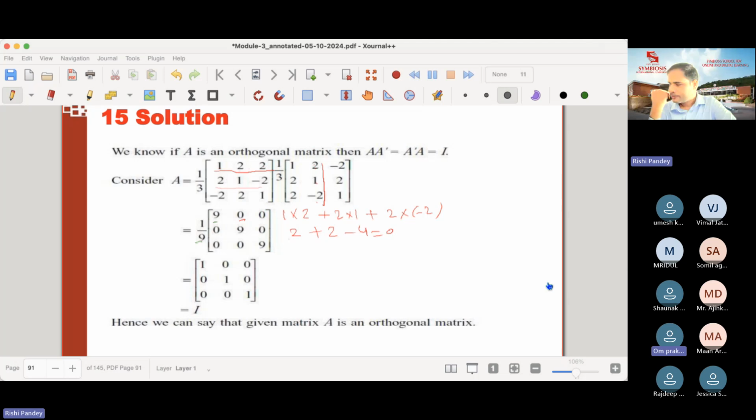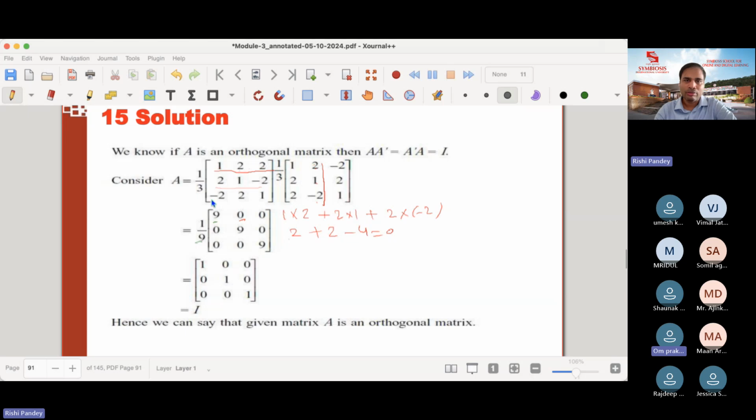Done? Yes, sir. Done. Okay. Is it right? All 9 values. Right, sir. We have 9 values. This process you should repeat for each value. Like first row, first column, first row, second column, first row, third column, then 3 elements. Second row, first column, second row, second column, second row, third column, then the second row is over.